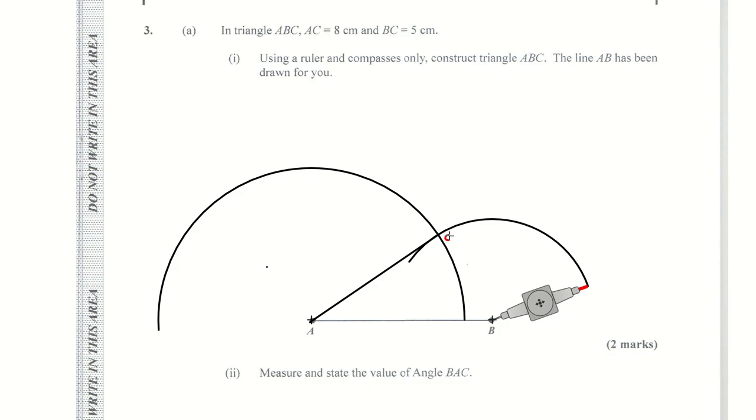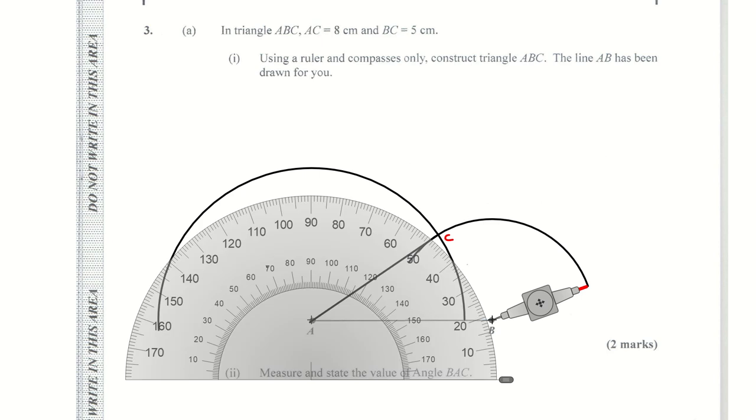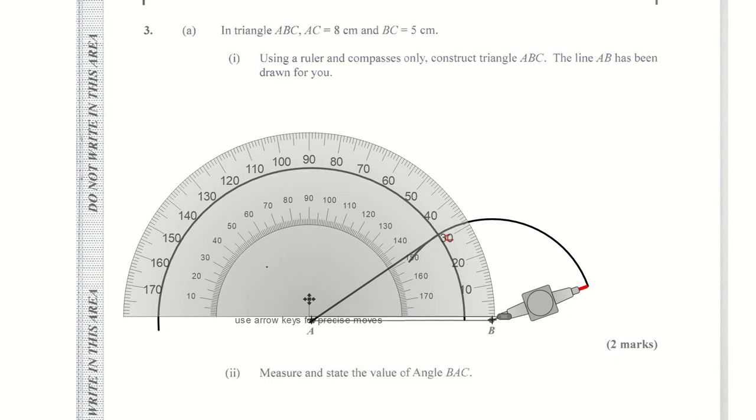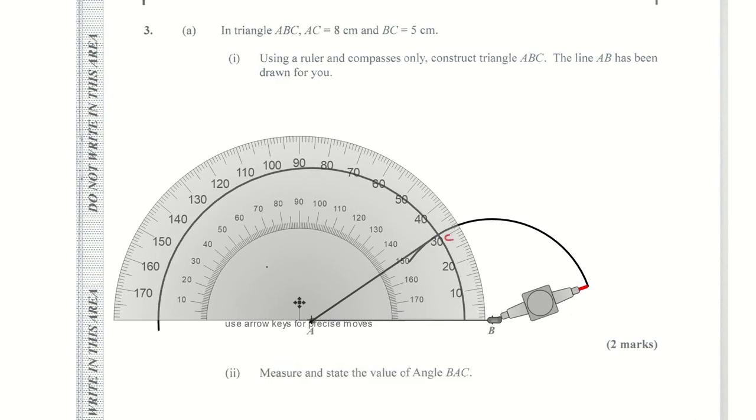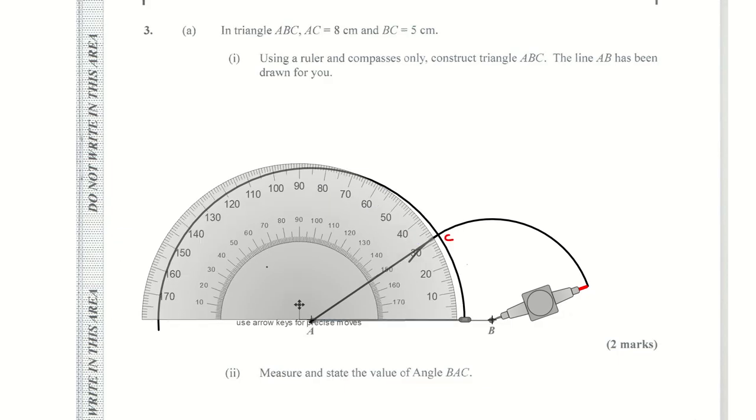So I know that C is located here. Do we understand how to do this? Then they say measure and state the value of angle BAC. So angle A, I'm going to use my protractor. I'm assuming this is 30 degrees, okay?